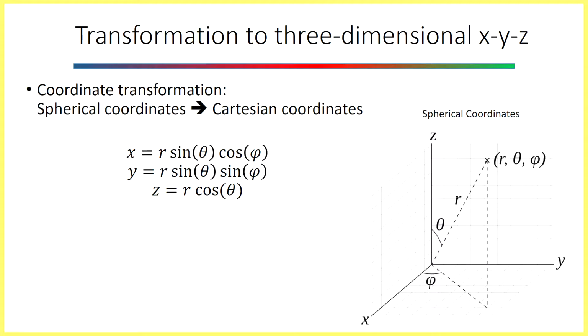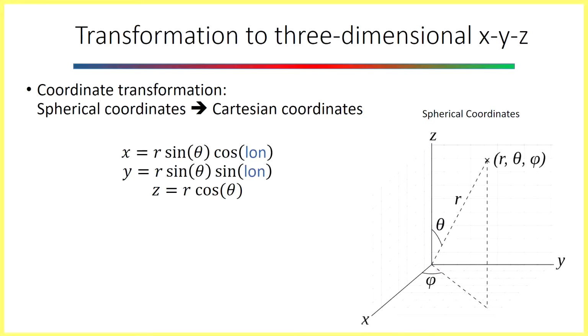That all makes sense. Okay, so we've checked these equations, and they allow us to transform from spherical coordinates to Cartesian coordinates. But we don't actually talk about our locations on Earth in terms of theta and phi. We talk about them in terms of latitude and longitude. So let's go ahead and plug in our equations for theta and phi as a function of latitude and longitude.